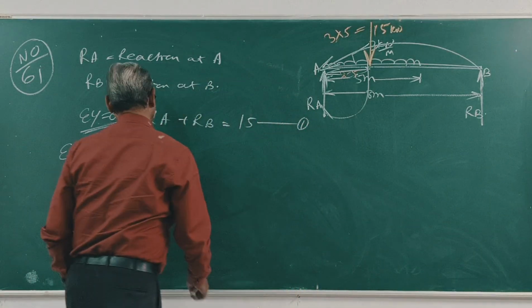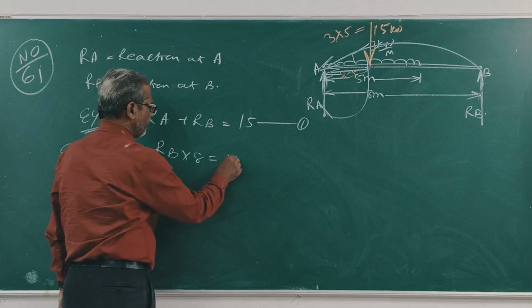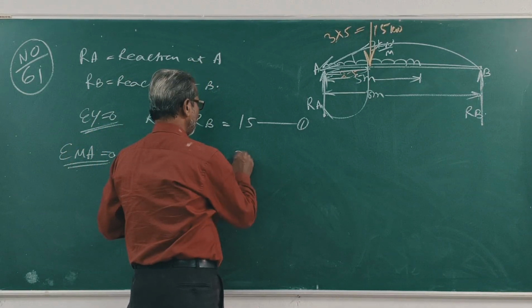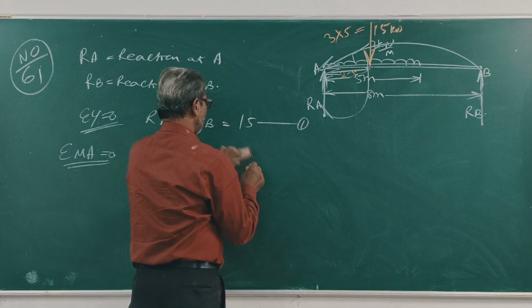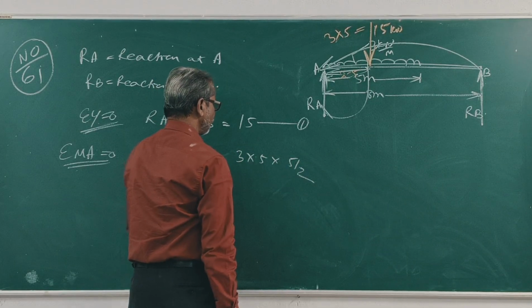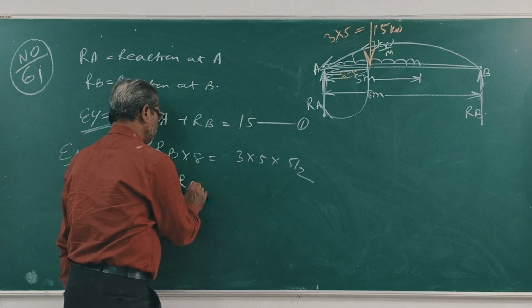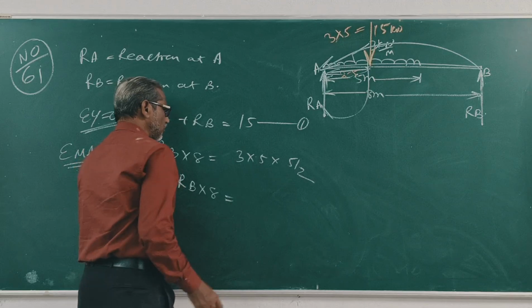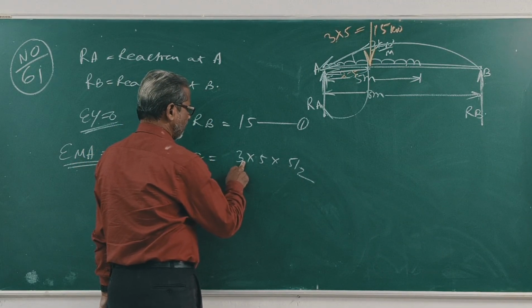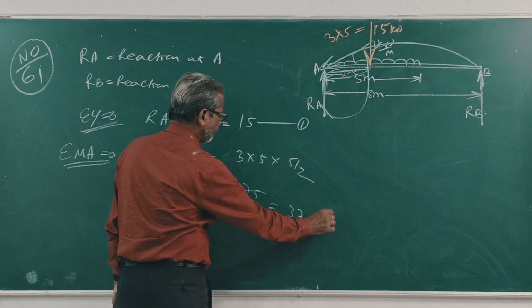So RB into 8 is equal to 3 into 5 into 5 by 2. So RB into 8 is equal to 25 into 3, 75 by 2, 37.5.